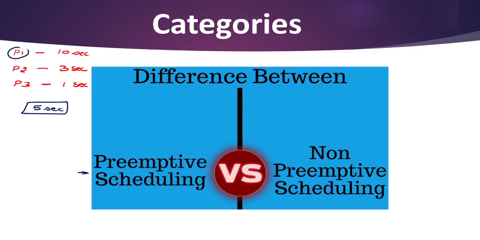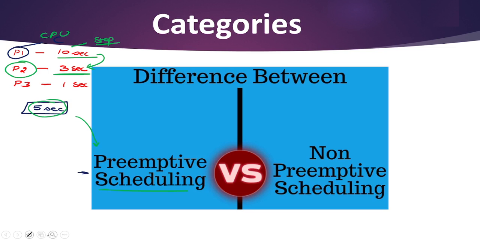So if process P1 is using the CPU and it wants it for 10 seconds, but according to preemptive scheduling, after 5 seconds we have to stop the processing of P1 and we should allocate the CPU to process P2 just for 3 seconds. This is what preemptive scheduling says.